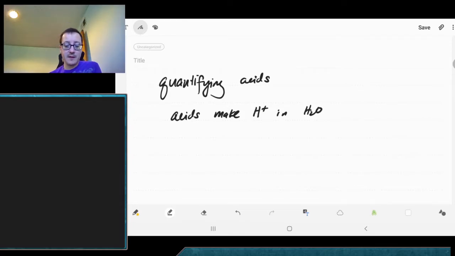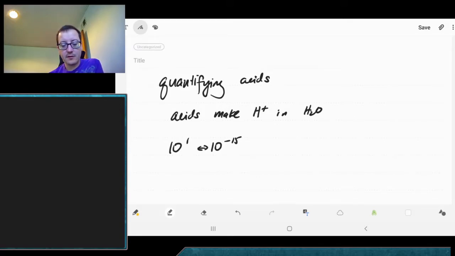And we're going to see that this value is actually going to go anywhere from 10 to the 1 to 10 to the minus 15 or so. So we have a huge range of potential concentrations of H plus that we're going to deal with.